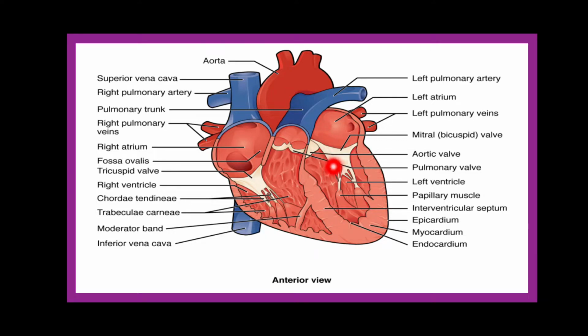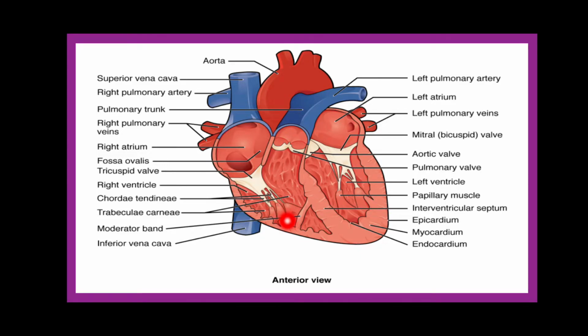Now if you look within these chambers, you can see these off-white, creamish colored structures. What are they? These are valves. What is the significance of the valves? Their purpose is to maintain the unidirectional flow of blood, meaning the flow is only in one direction.